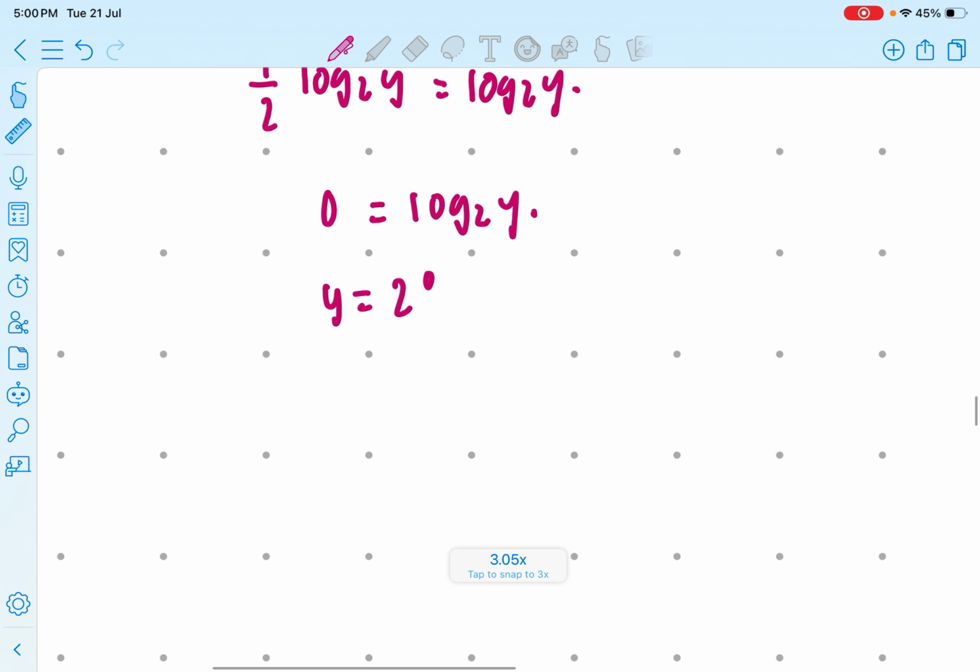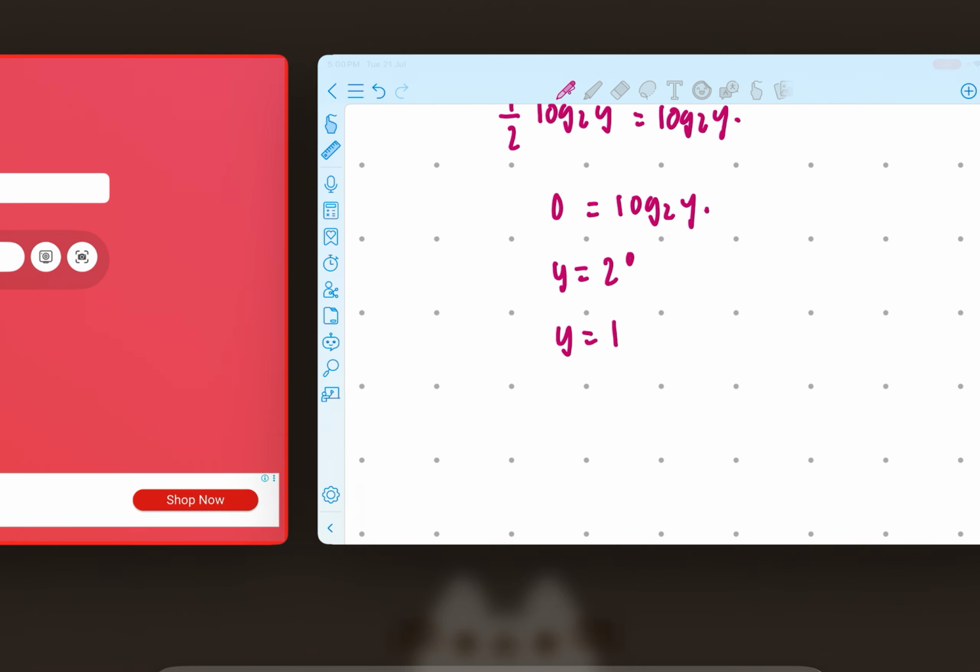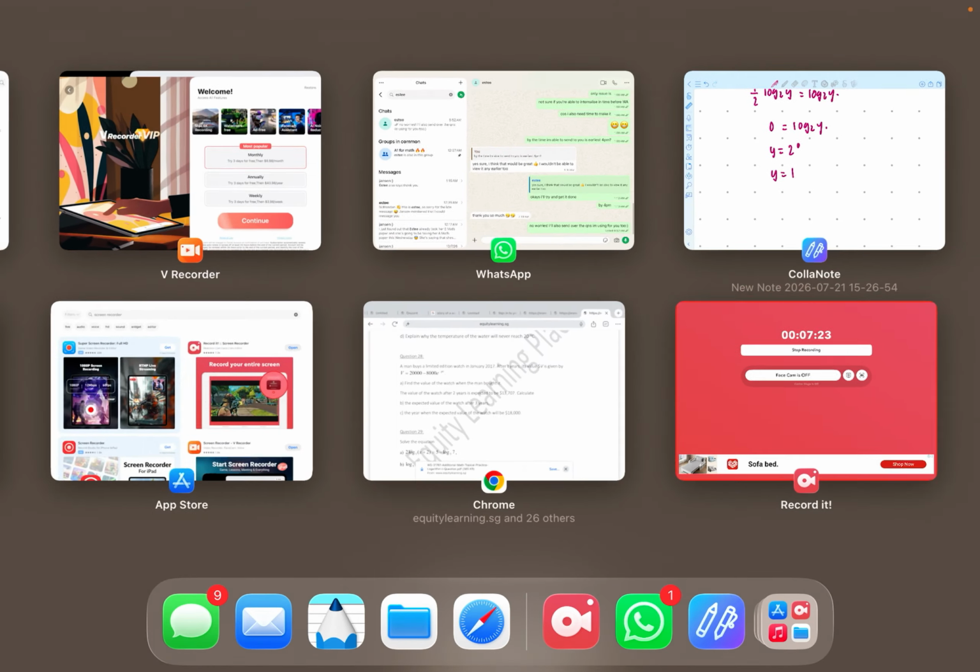In this case, you know that any number to the power 0 equals 1. So y equals 1.